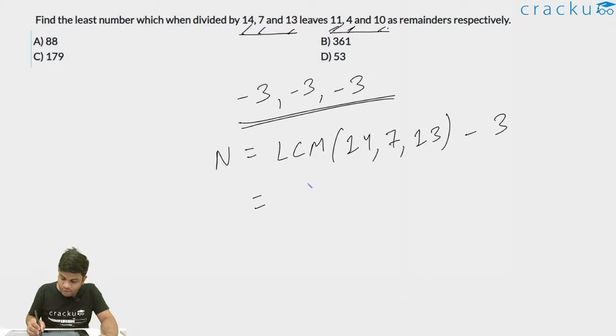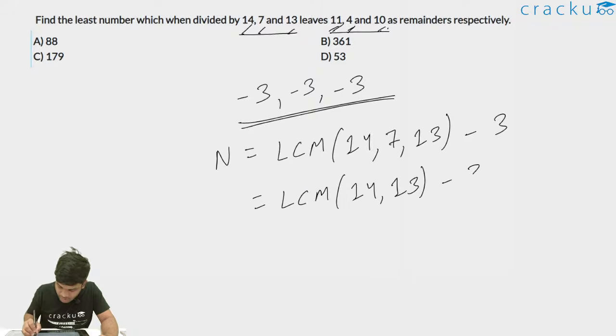So the LCM of 14 and 7 is nothing but 14. So here it will be 14 and 13. The LCM of 14 and 13 is 14 into 13, which is 140 plus 14 into 3, which is 42.